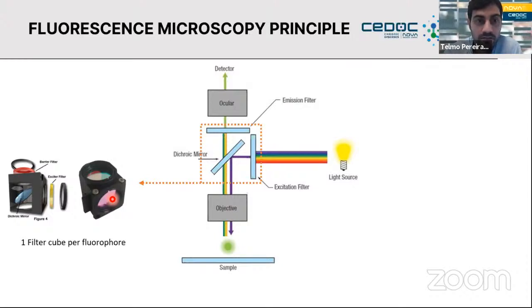When you go to your microscope, you just select one specific filter, and then you can see your specific fluorophore. Of course, you can make custom filters, and that is a possibility if you want.